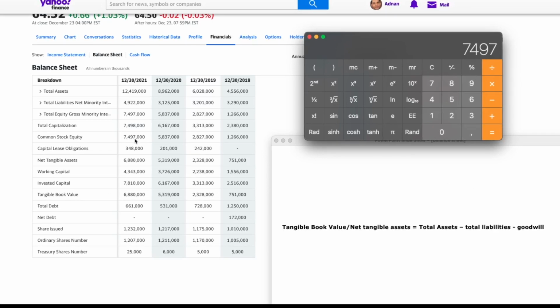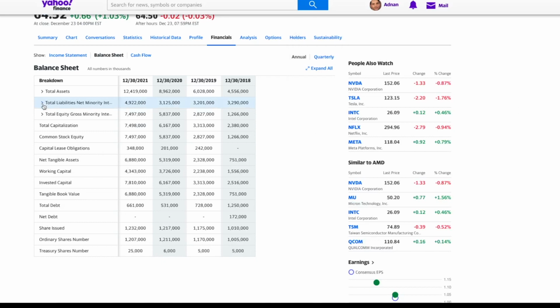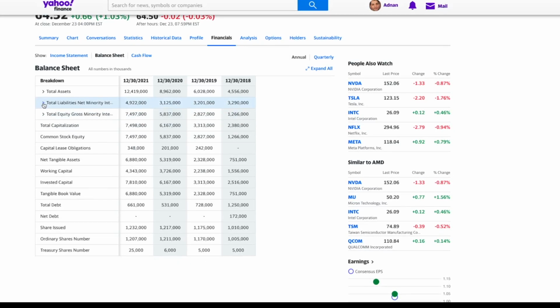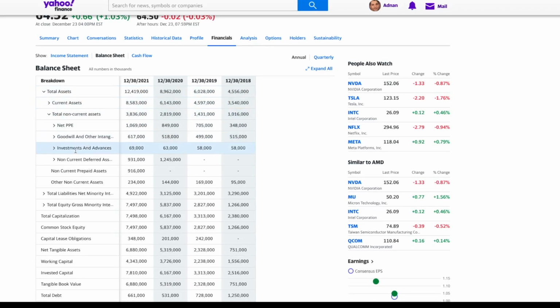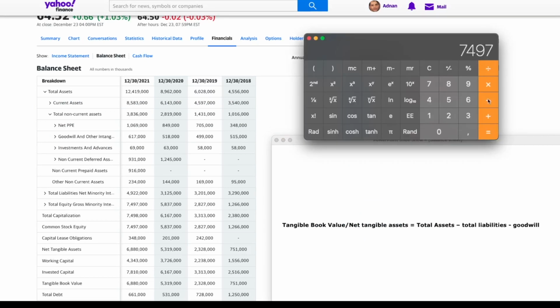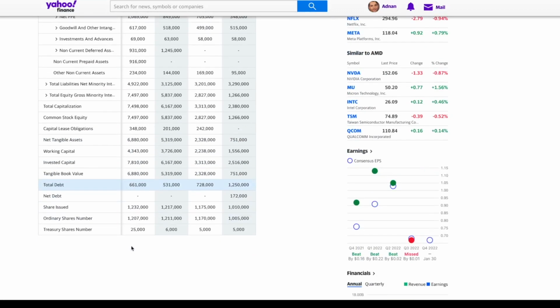And if we subtract the goodwill, you will get the tangible book value. In this case, the company has goodwill in the non-current assets, which is $617 million. So if we subtract 617 million from the common stock equity, you will get 6880. So this is the net tangible asset value, or the book value of a company.